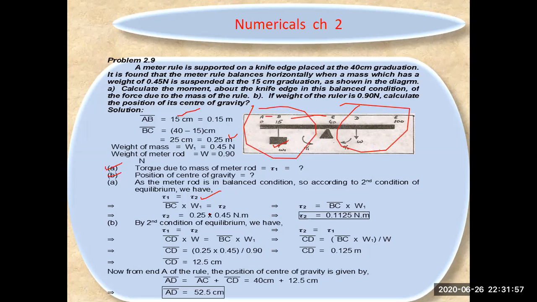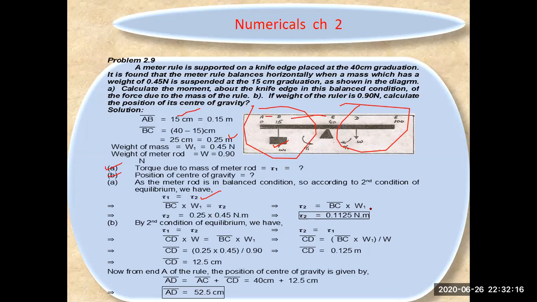So the distances are 0.25 and the weight is 0.45. So tau 2 is equal to BC multiplied by W1.